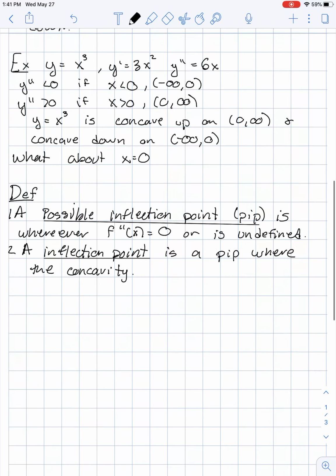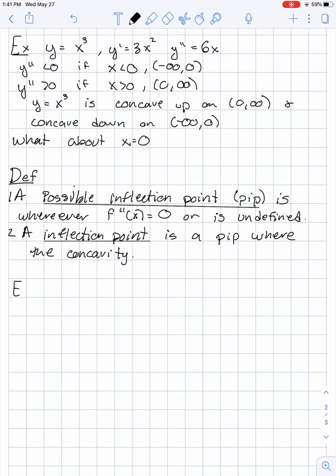So let's do another example. And we're going to make a similar chart that we did before, but instead of plugging into f prime, we're going to plug into f double prime, or y in this case, because we're given y equals x to the fourth, and we are asked to find all inflection points, if they exist.